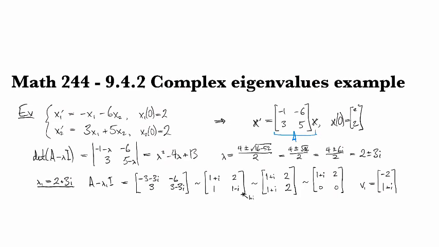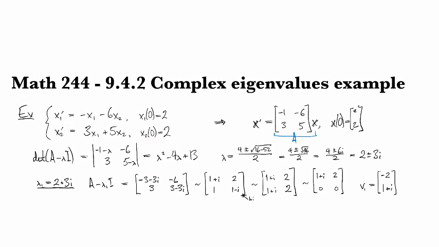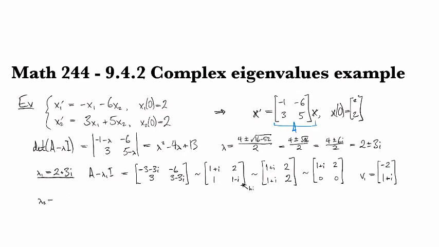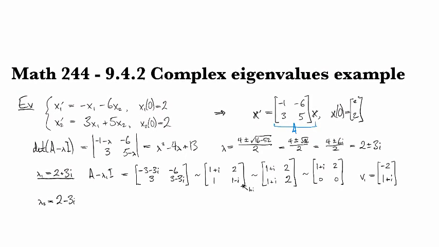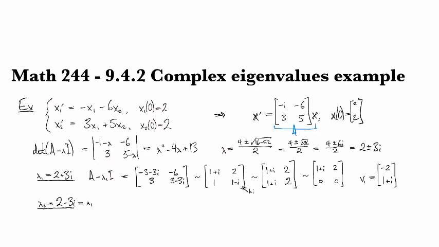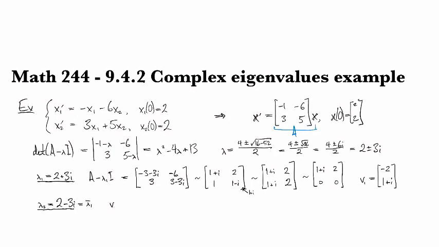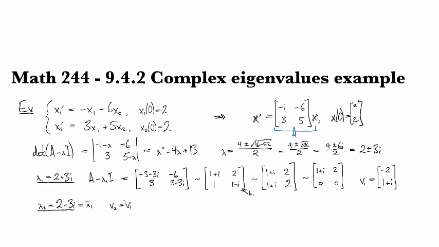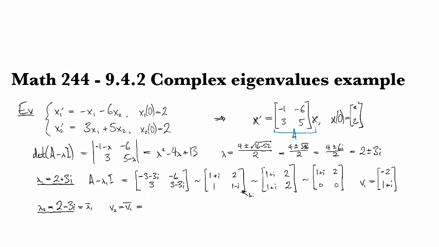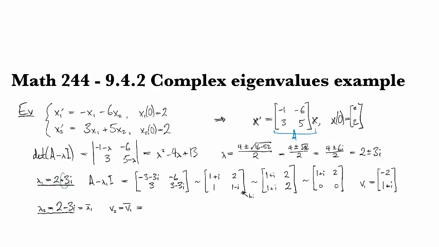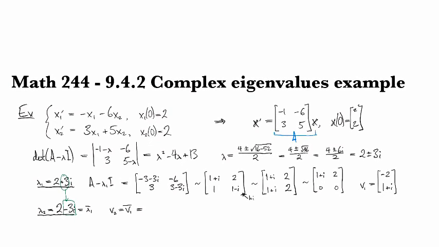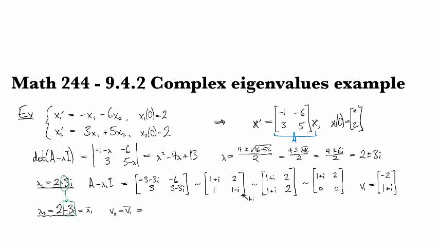So I did the old switcheroo and then negate one of the entries. Okay, now for lambda 2 equal to 2 minus 3i. So this one is the conjugate of lambda 1. And so v2 is going to be the conjugate of v1, which means that just like I went from here to here by negating the imaginary part, I can do the same thing for the other one.